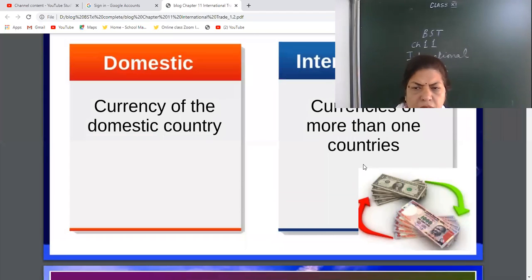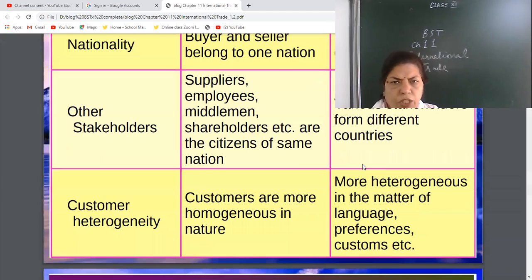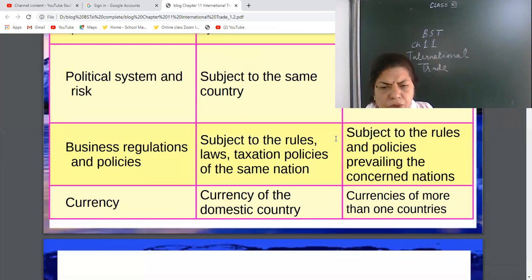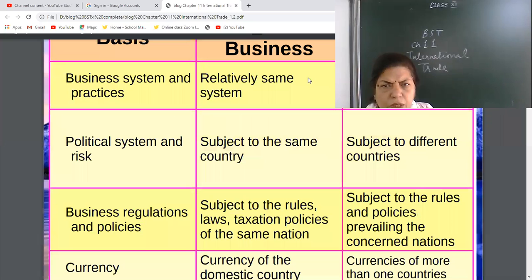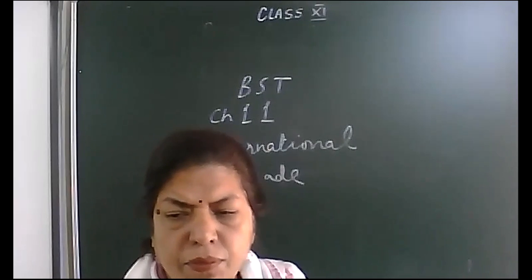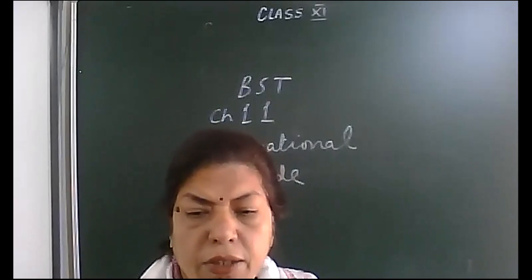Currency of the same country, versus different countries. So today we discussed these topics and I am sure you will all be able to understand the difference between domestic trade and international trade, meaning and differences.